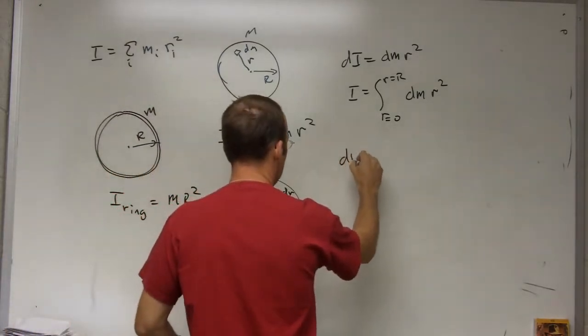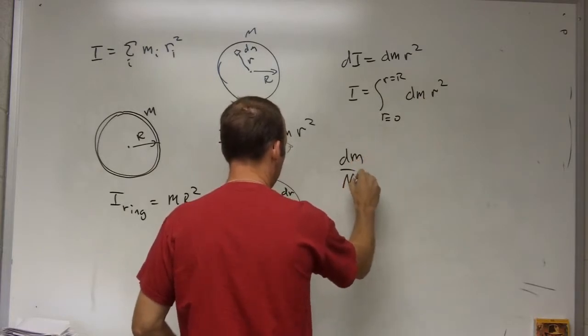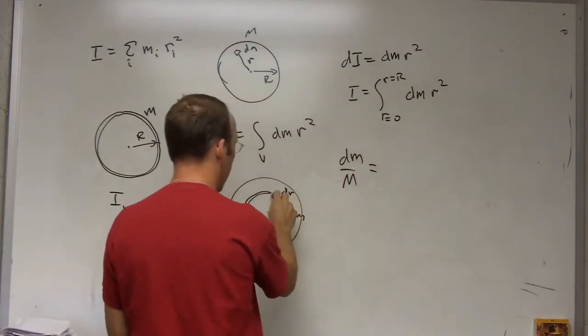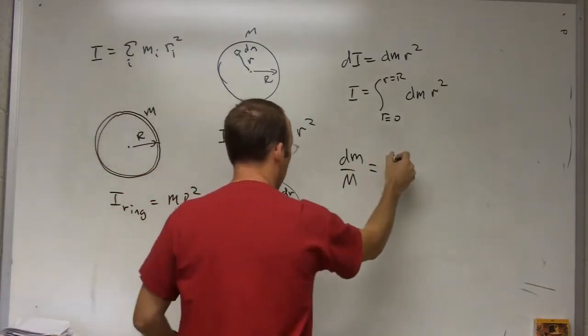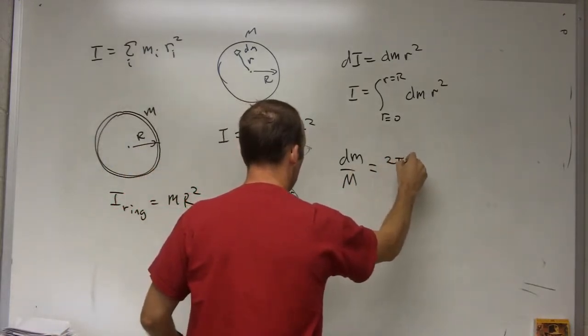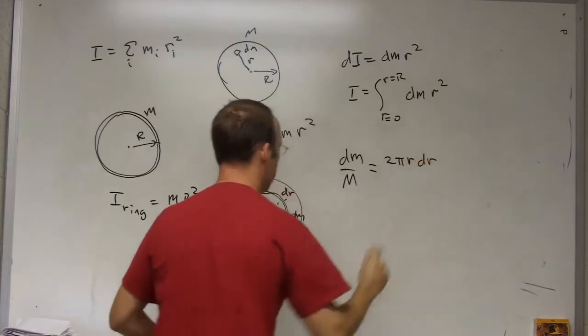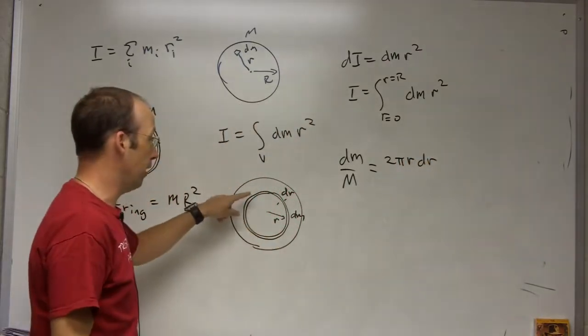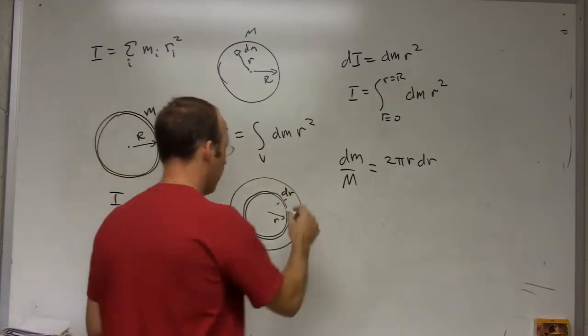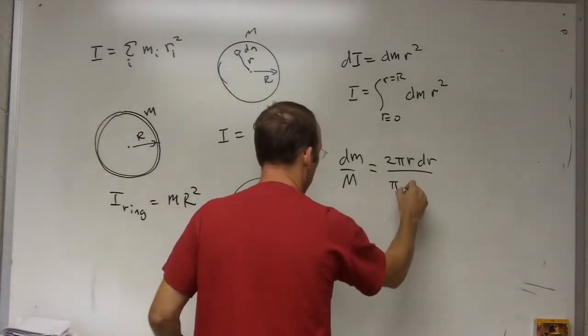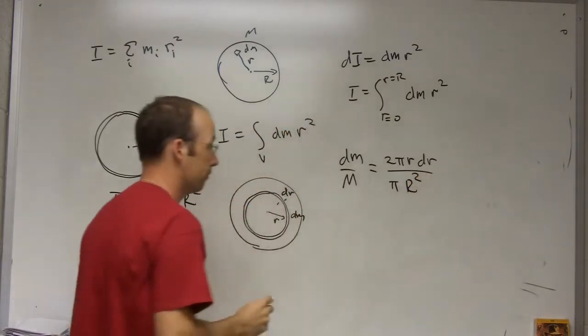So I could say dm over the total mass m is going to be the area of this little ring, which I can write as 2 pi r dr, because 2 pi r is the circumference times the thickness dr. Okay, that worked just fine. Over the area of the whole thing, which is pi big R squared.